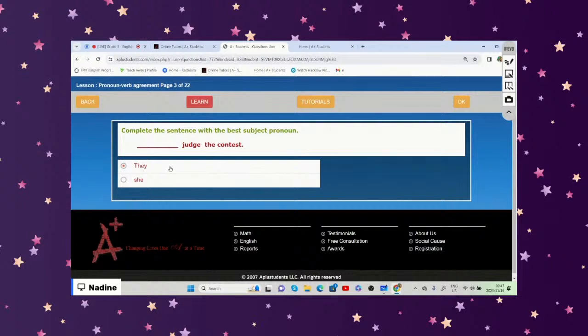So we can say they judge the contest. Because remember, we said that a plural subject needs a plural verb. The plural verb does not end in s, es or ies.